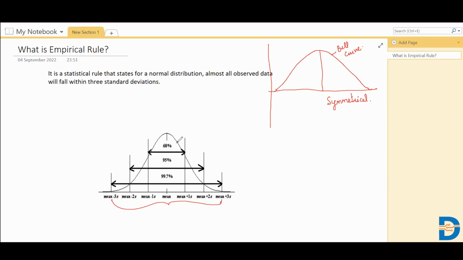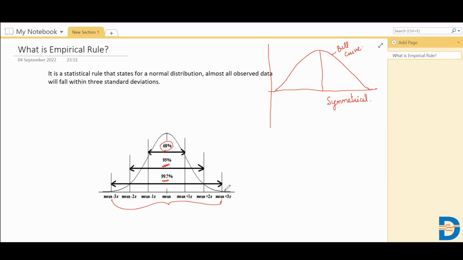It says that within the first standard deviation, 68% of data will fall. 95% of data will fall within the second standard deviation, and 99.7% of data will fall within 3 standard deviations. So almost all the data points fall within 3 standard deviations.